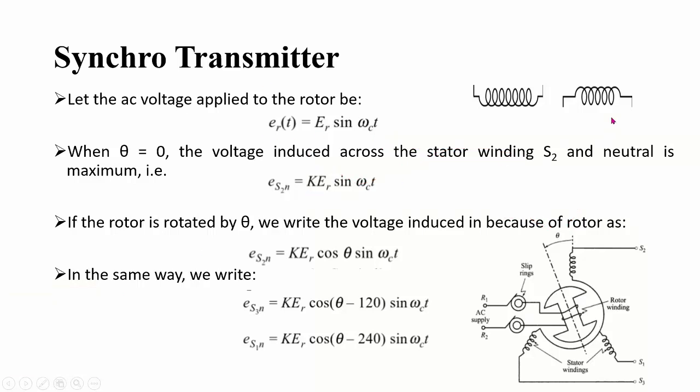Now suppose that the rotor is rotated by an angle theta, so we are going to orient this rotor by an angle theta. The change in the voltage that is being induced at the secondary side will be given by ES2n equals K ER sin omega t cos theta. So we have an extra expression now, that is cos theta. All the terms come from the previous relation.